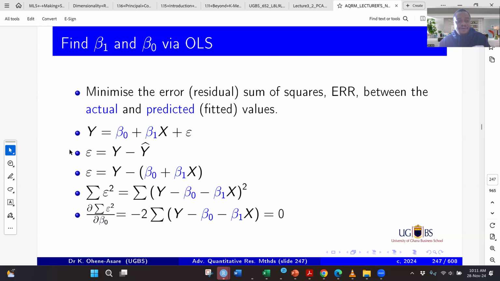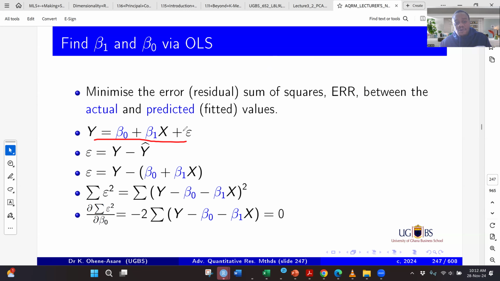So first, let's get the error. The first thing is that you have your regression model, the basic regression model here. Look at it carefully. This is a basic regression model. Let me just go back here. Normally when you have it boom like that, it can be confusing, but don't worry. We have explained this already.